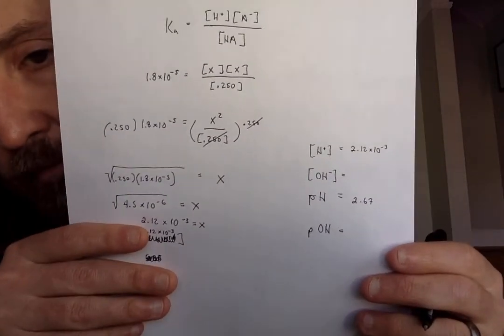That makes me feel a little bit better. Okay, so 2.12 times 10 to the negative 3, and that's where I'm at there.